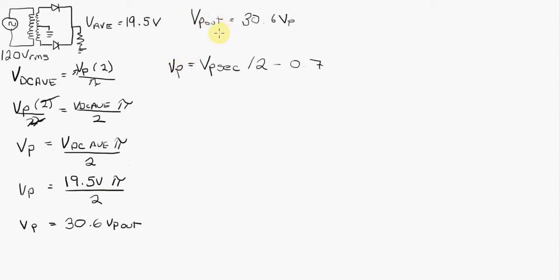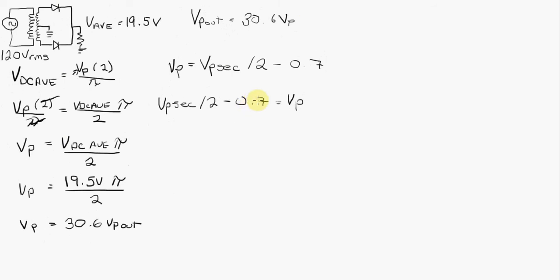In our case now, we need to spin this around to find this V peak secondary. Again, for those that aren't 100% comfortable with the idea, I'll run through it in partial steps. V peak secondary divided by 2 minus 0.7 equals this output. We can start eliminating things.